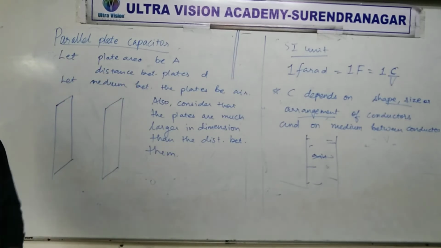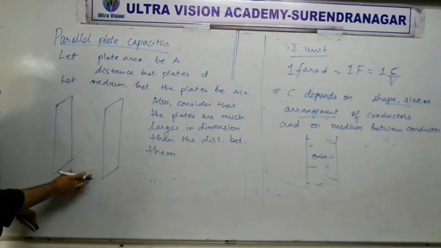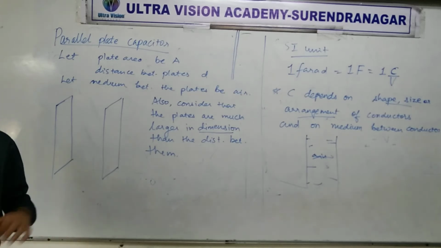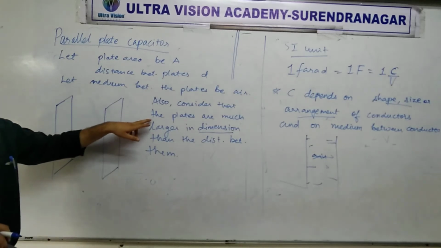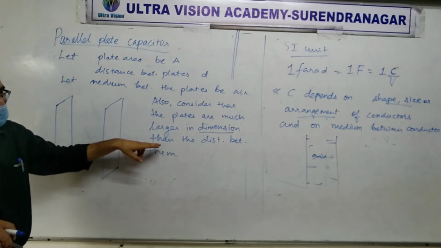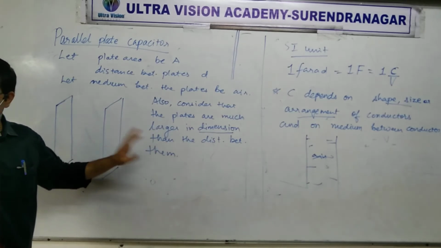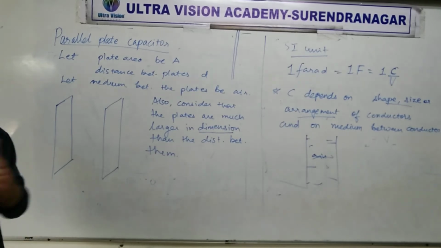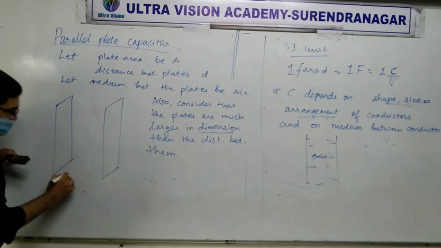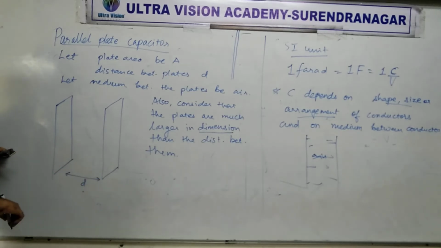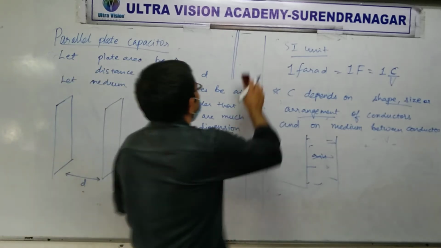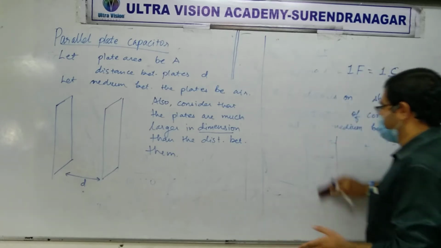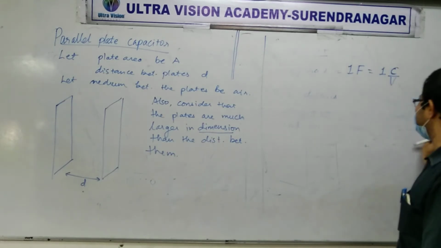The plates are very large compared to the distance between them. Dimension means size: length, width, size. In short, the length and breadth of the plate is much bigger than the distance d. But please don't draw it like this. So we are not doing it that way.